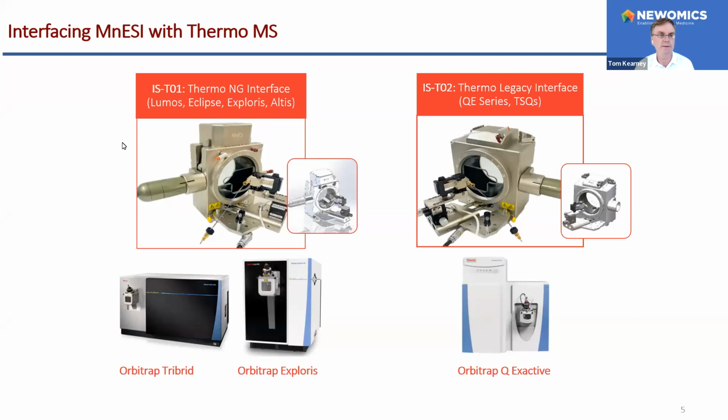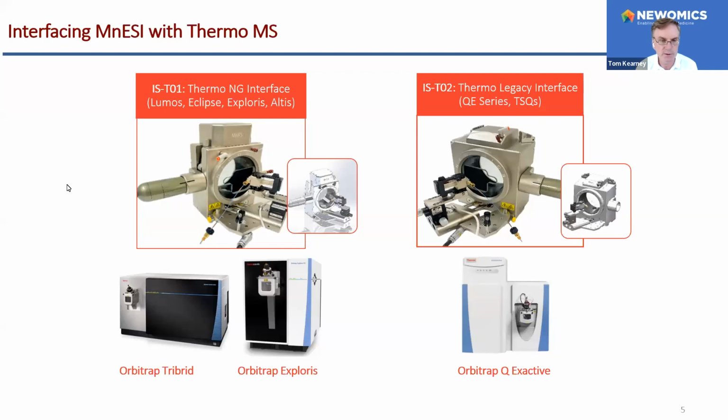Now, if we look at the different mass spec interfaces, we have the Thermo NG interface and we have the Thermo legacy interface. The big difference between these two is the way it attaches to Thermo mass specs. We have up and down levers for the NG interface and side-to-side levers for the legacy interface. Other than that, they perform the same.